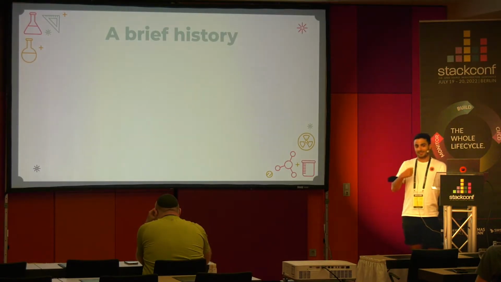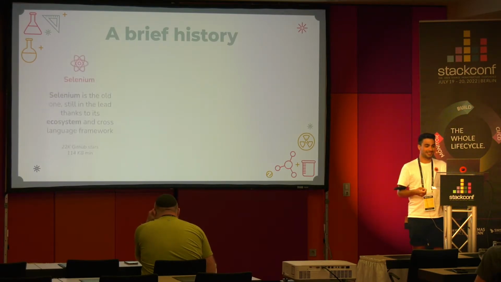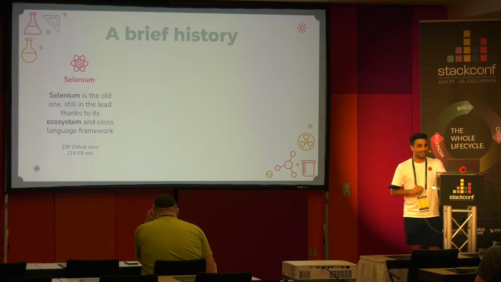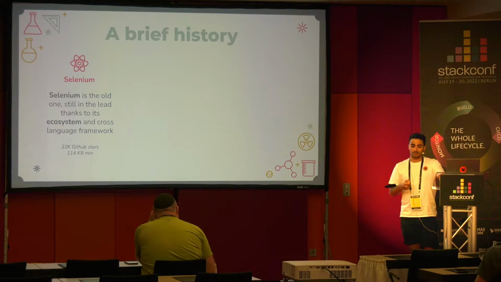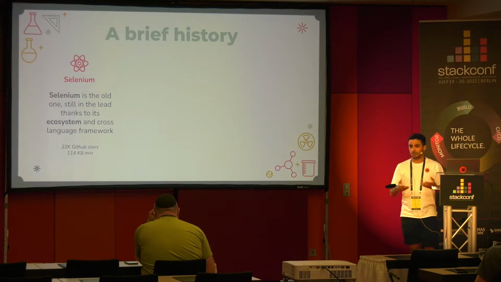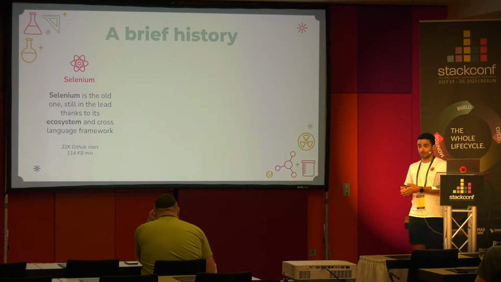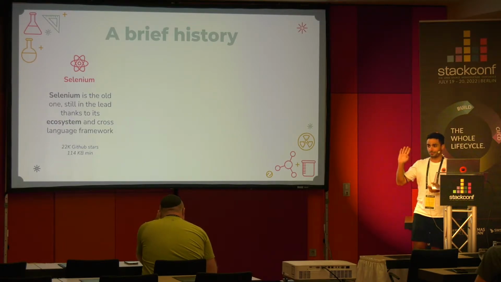So let's dive a little bit into it with a history. It's not a history class, but something like that. So first of all, the first software that made it possible to control a browser via code was Selenium. And how many of you know Selenium?